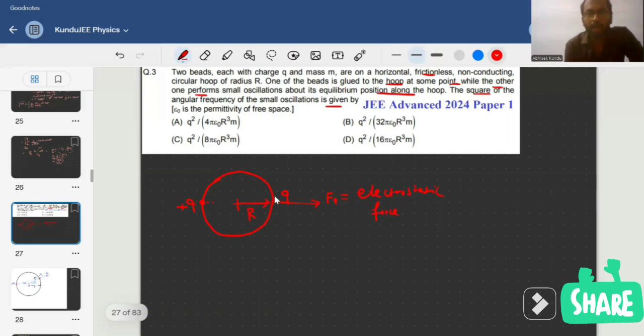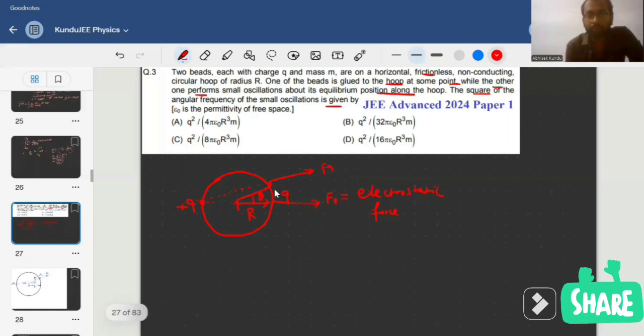Now what happens if you displace it a little bit in this direction by a small angle theta? It will get an electrostatic force from this plus Q charge which is glued, in this direction, FQ.